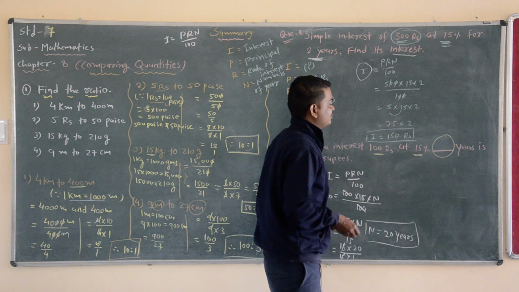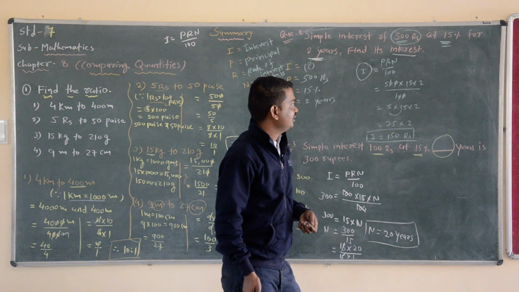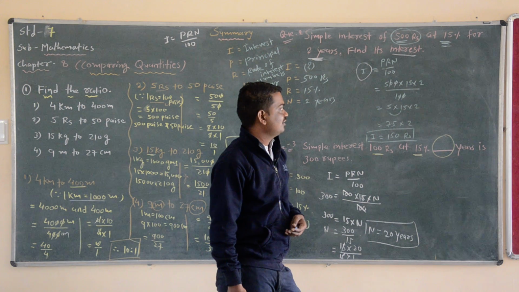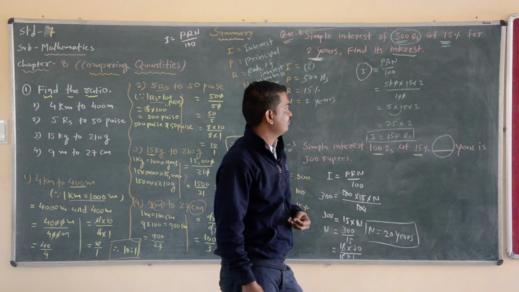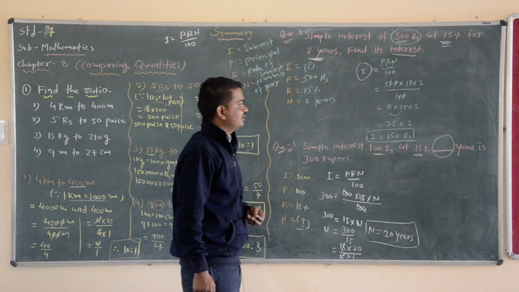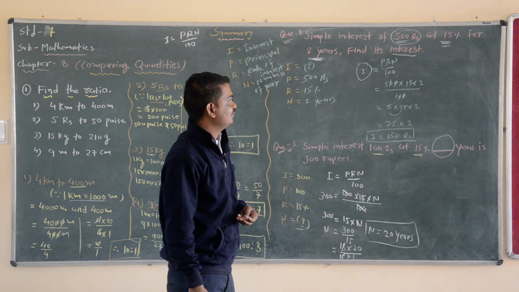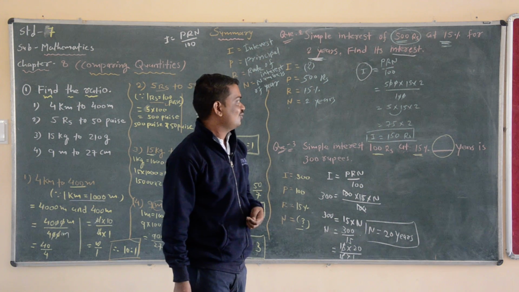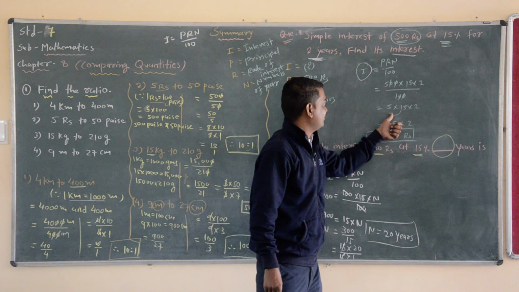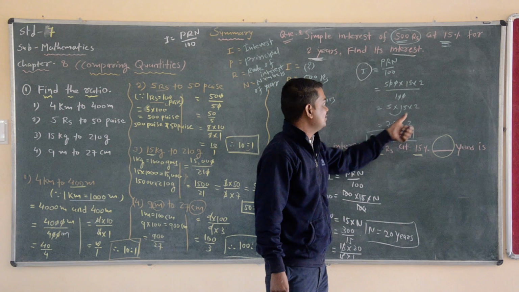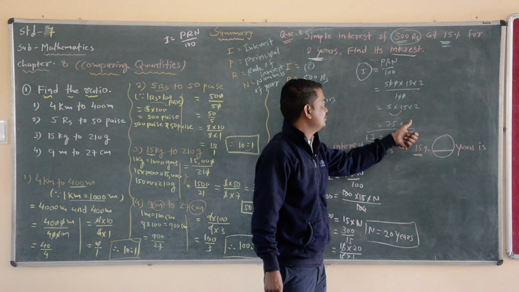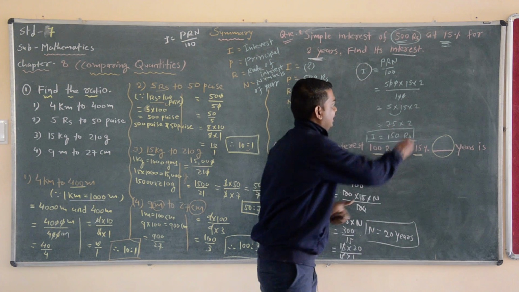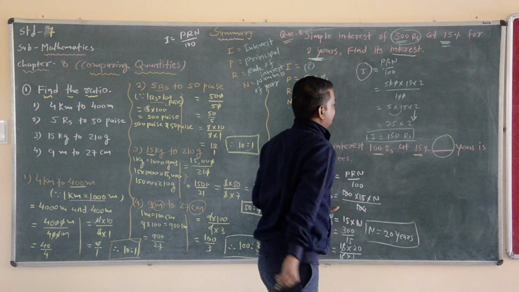Now in the table of 15: 15 ones are 15, 15 twos are 30, 15 threes are 45, 15 fours are 60, 15 fives are 75. So we write 75 here and 2 here as it is.